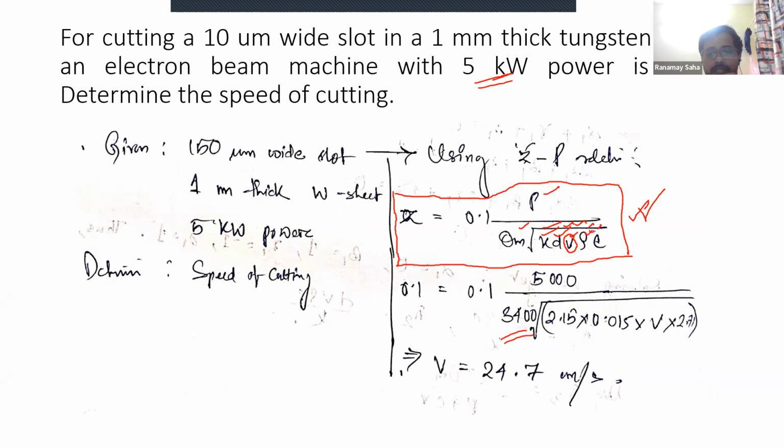Rho is the density, and rho c is the volumetric heat capacity. So you just plug in all the values and then you find out the velocity is 24.7 centimeters per second. Hope this is clear to you.